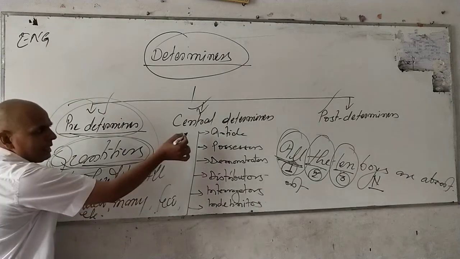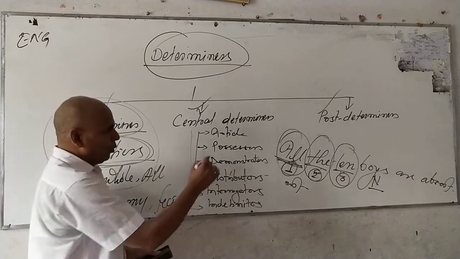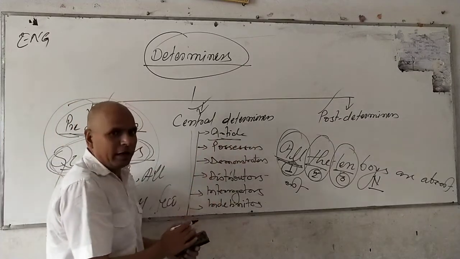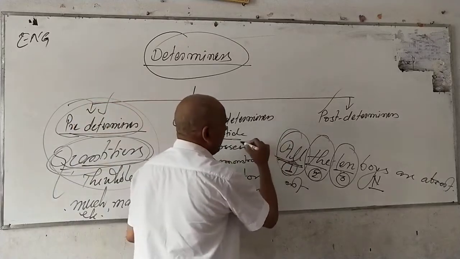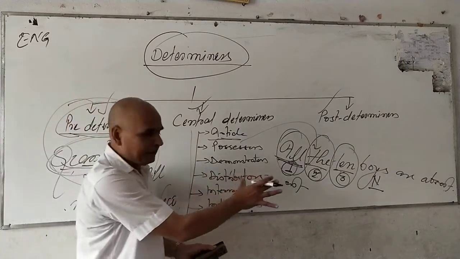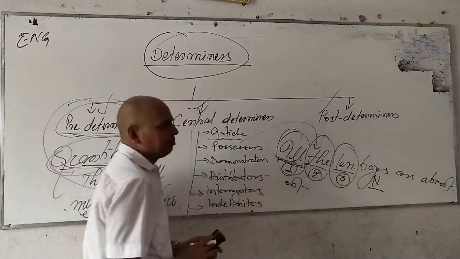All these 6 are central determiners. Therefore, according to this classification, article is a central determiner, and that's why I have written the article in the center of these 3 determiners, and in the center the article the has come.